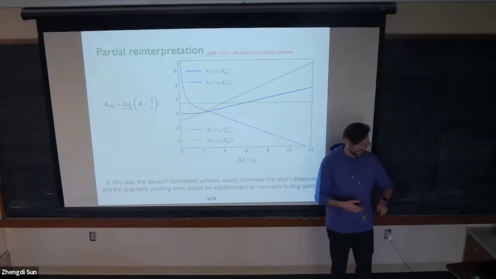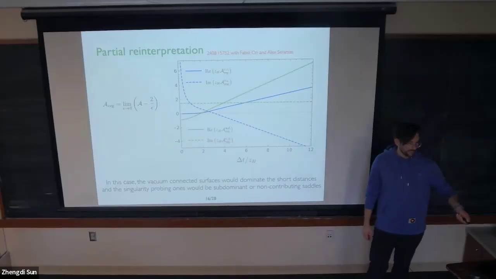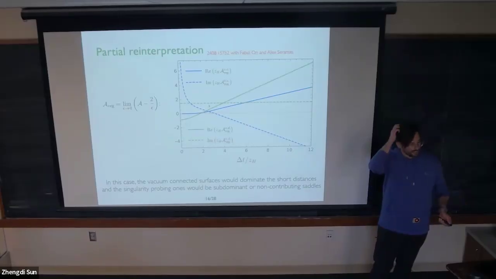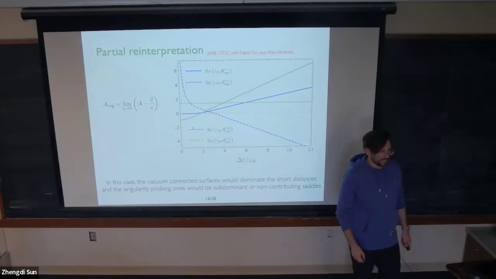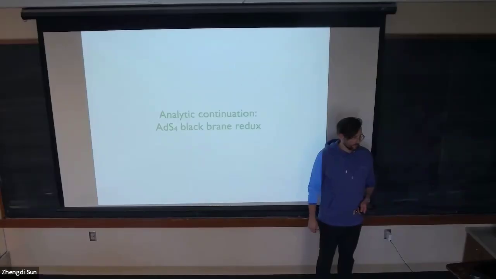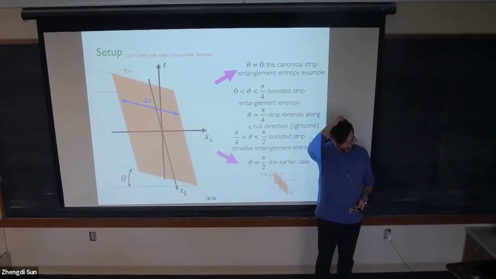And the working assumption for the remaining 8 minutes is that this green branch is not going to originate, at least in this regime, from the surface that you would use to calculate holographic entanglement entropy, and therefore has to be ruled out.